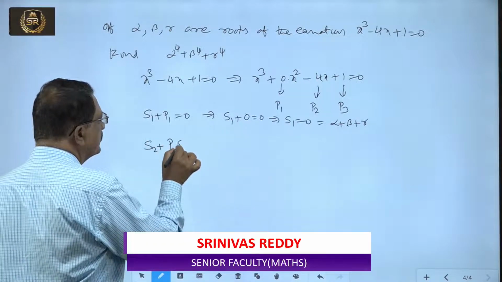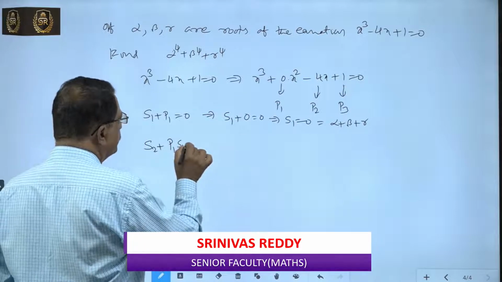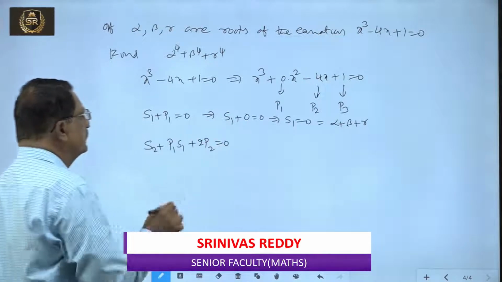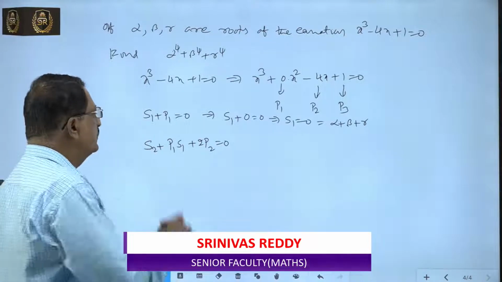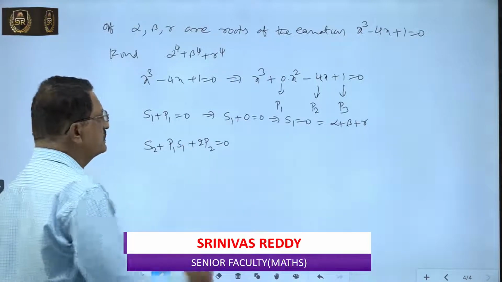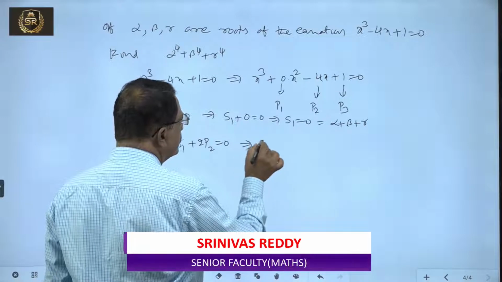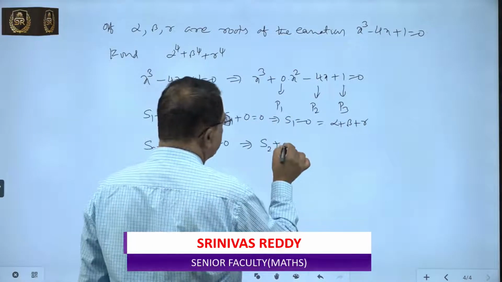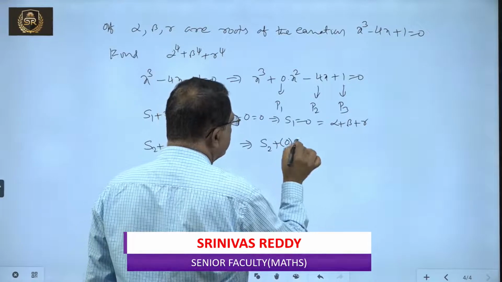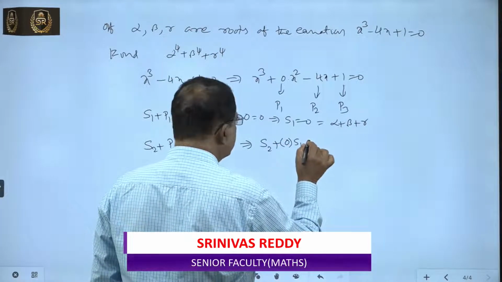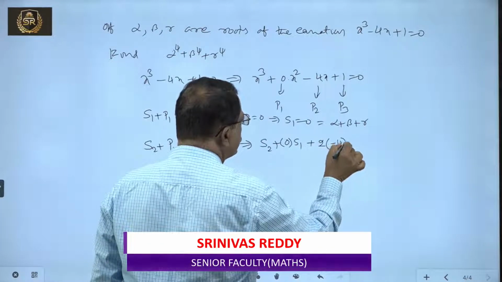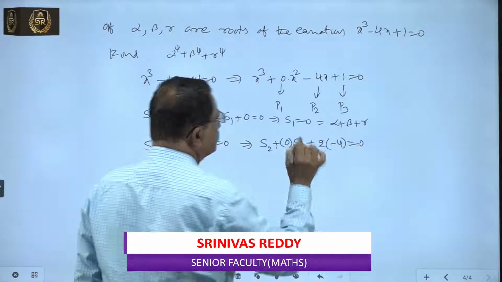Next, S2 plus P1 S1 plus 2P2 equals 0. Now S2 plus 0 into S1 plus 2 into P2, which is minus 4, equals 0.